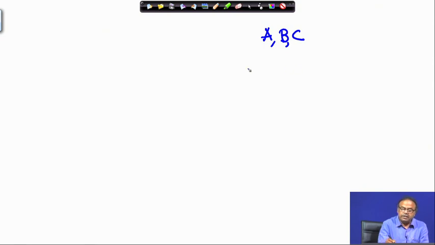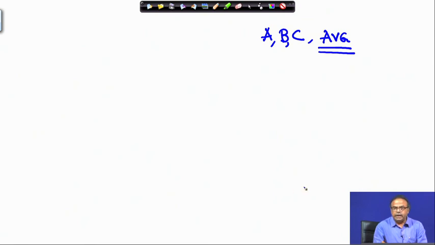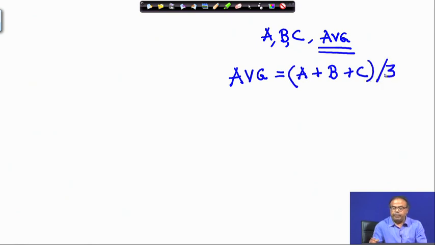So, I can write it in the form of, say, average. You can see that average is a valid name in the case of a variable. So, I can say AVG is A plus B plus C whole thing divided by 3.